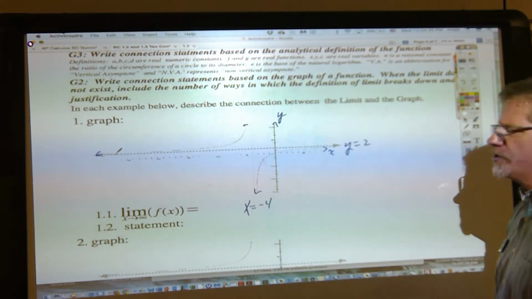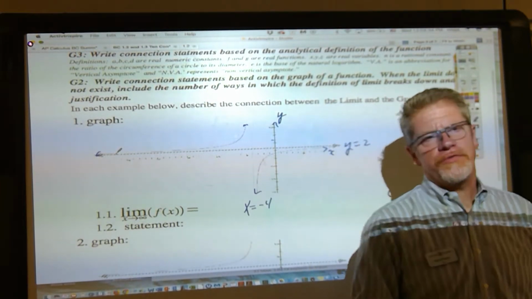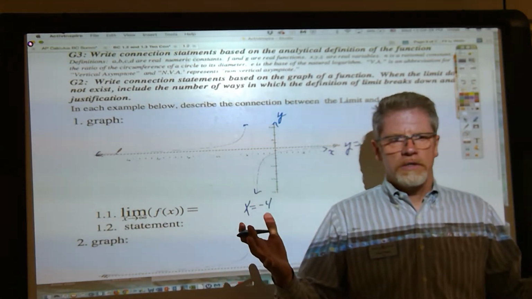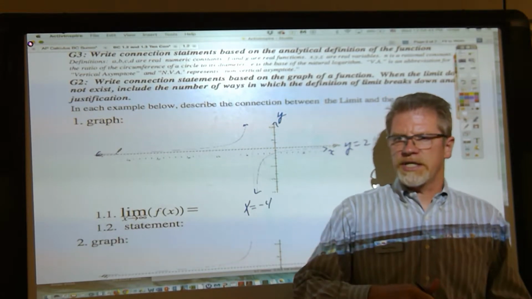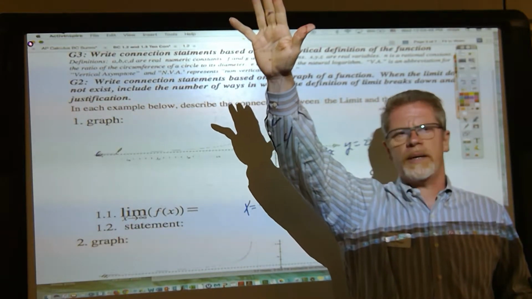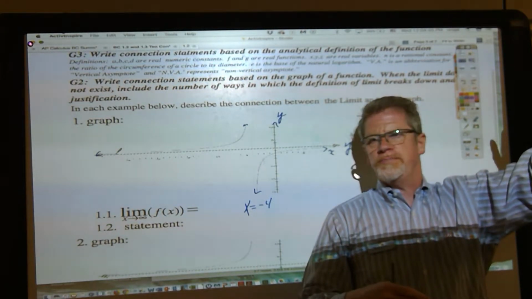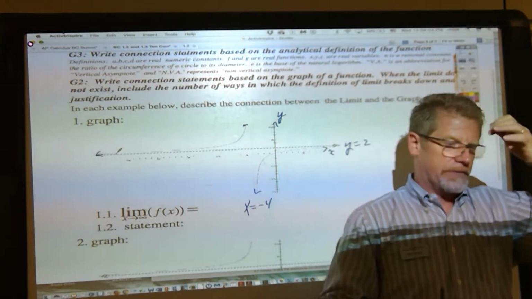So the question is, what is the limit as x approaches infinity of f of x? How many of you feel like in pre-calc you understood a lot about what a limit is? Like you studied limits and you feel like you understand. Is there anyone in that category? How many of you feel like you're kind of shaky on limits and you wouldn't be offended if I kind of taught them from scratch? Okay, all right.